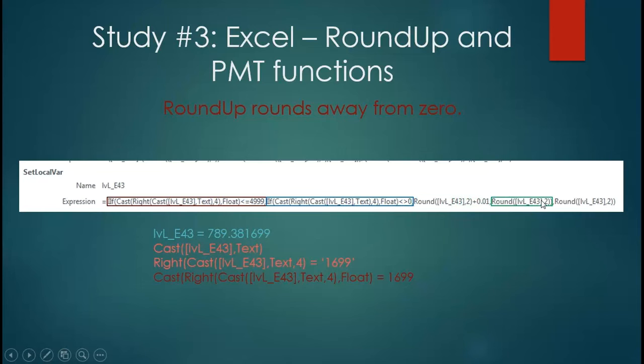If not, we're just going to round it. And then the last part of the original inline if is that we're just going to round it. So in the end, we end up with $789.39 because we've rounded up, even though if we just rounded, that would be $789.38.